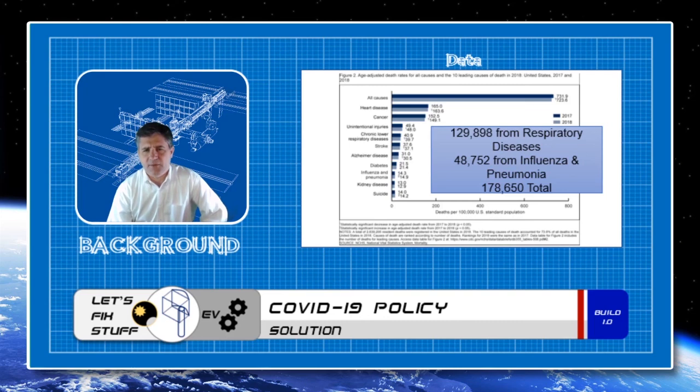But if we find out that the numbers associated with COVID-19 plus the number of folks who've died of respiratory disease and influenza lead to roughly the same totals in the number of deaths, it just means that some of the people that would normally potentially have died from influenza or pneumonia instead died of COVID-19. So we don't know what the true impact of COVID-19 on our system is until we actually start tracking all the other causes of death in the same manner that we're tracking COVID-19.